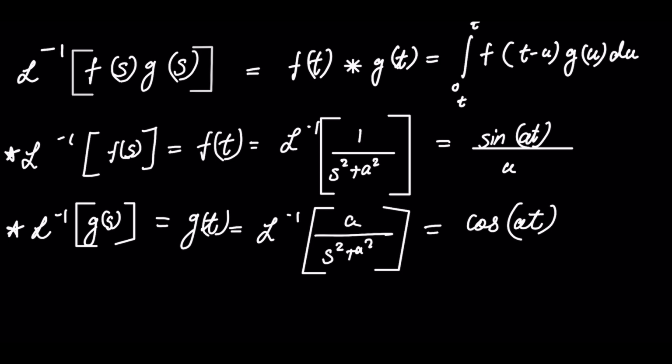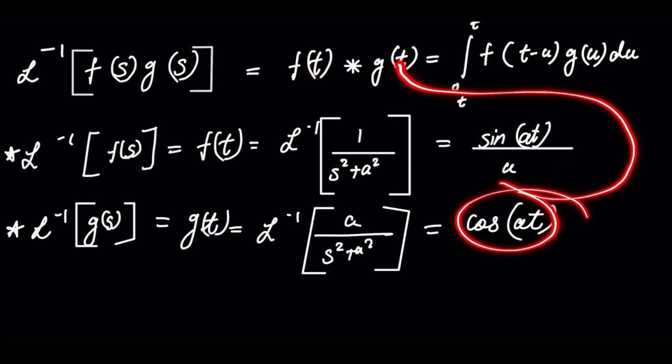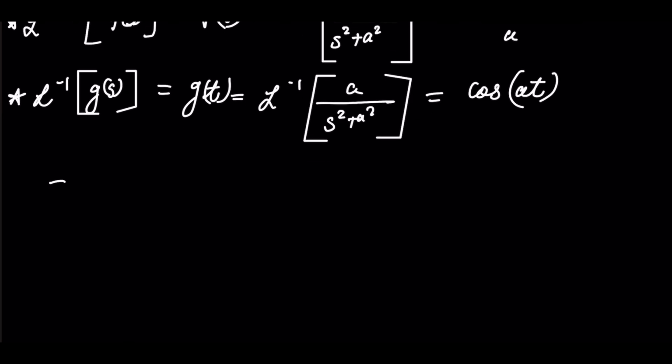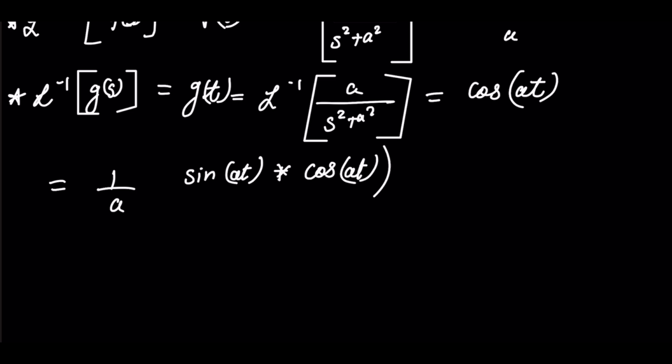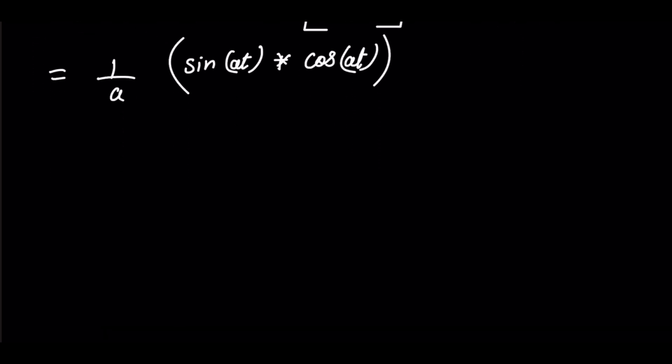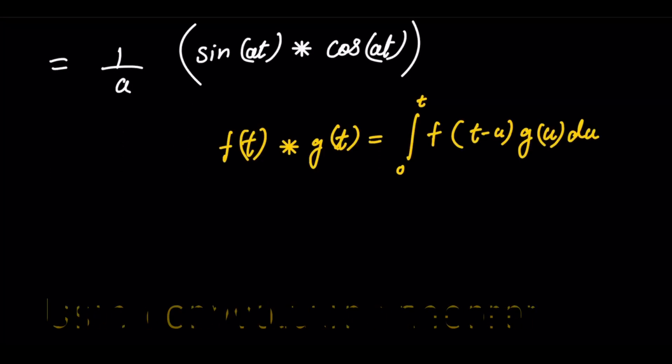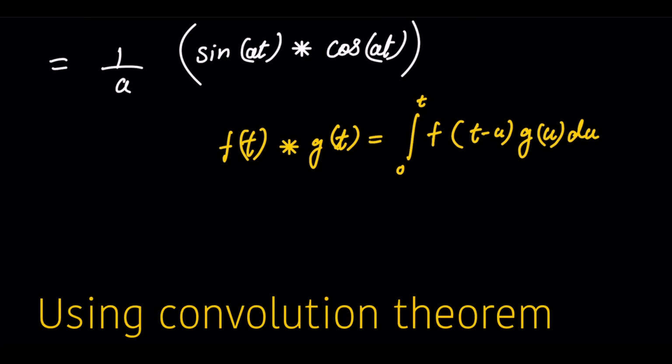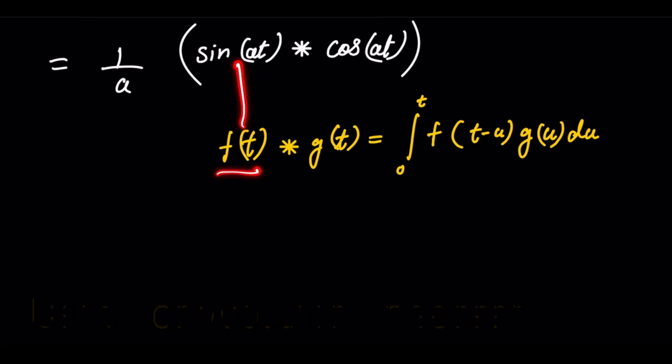Now that we have found the f of t, which is sine of at divided by a, and g of t, which is cos of at, I'll be substituting f of t here and g of t here. Now comparing it with the convolution theorem, this f of t is this one, and this g of t is this one.